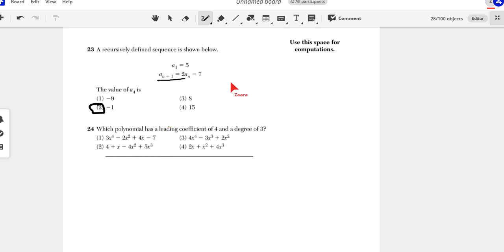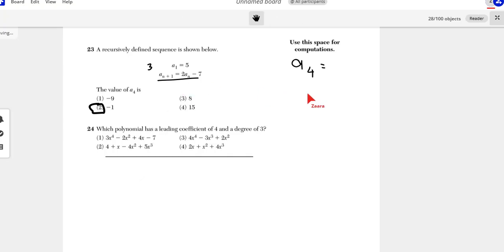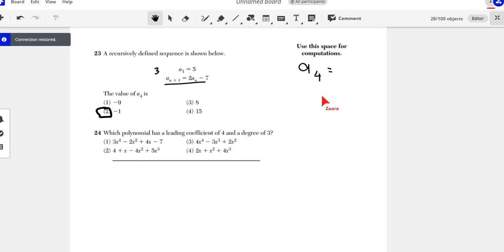Let me tell you how you solve this. It is a n plus 1, so we have to write for a4. I will substitute n to be 3. So a4 will become equal to 2 times a3 minus 7.